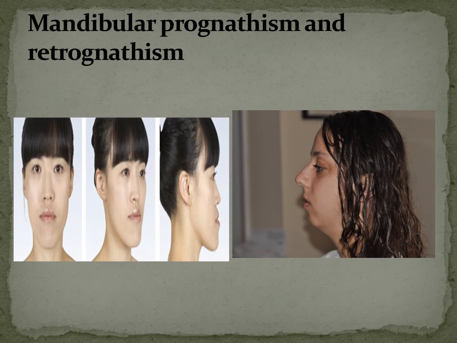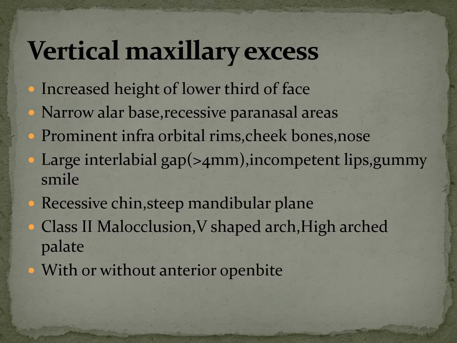What is mandibular prognathism? We can see mandible, so it's called a mandibular prognathism. So in determination, you can see the mandible. What do you mean by vertical maxillary excess? That means maxillary excess can increase the height of the jaw.